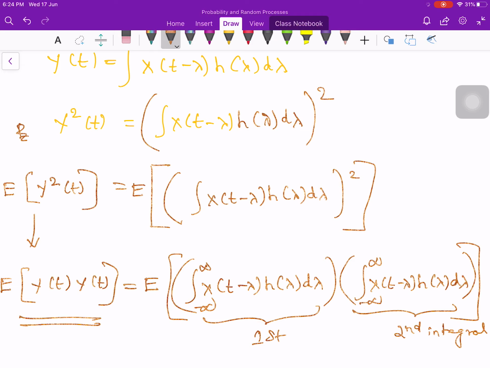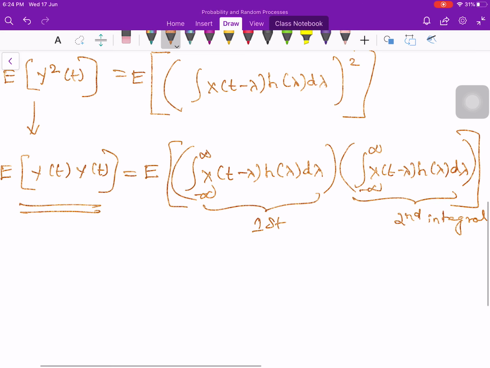So to find the mean squared value of the output, we must be able to calculate the product of two integrals. However, such a product may always be written as an iterated double integral if the variables of integration are kept distinct.